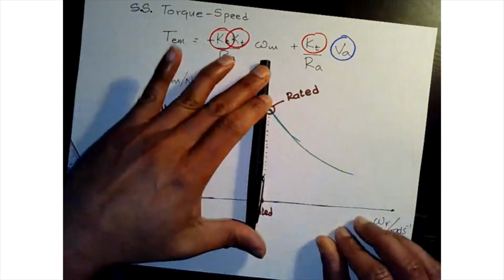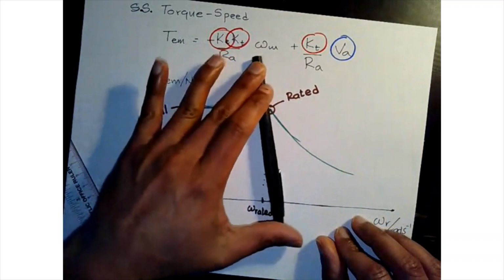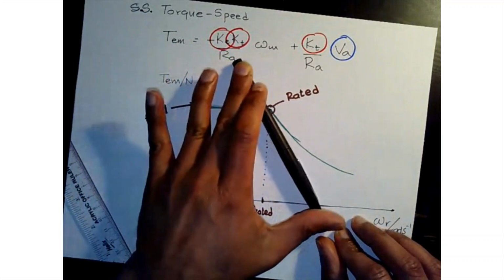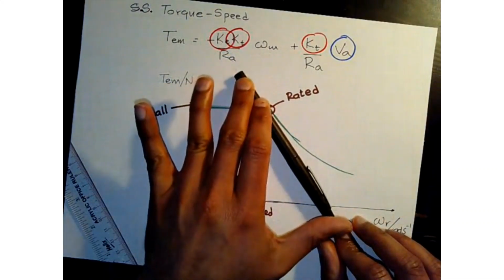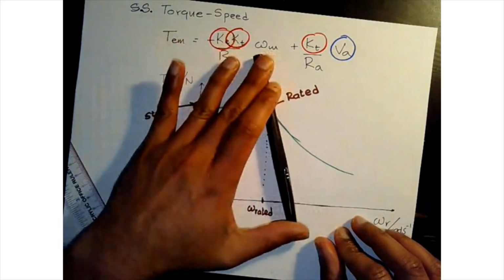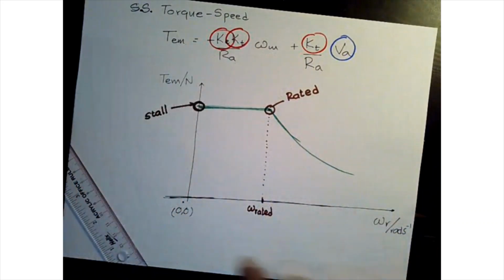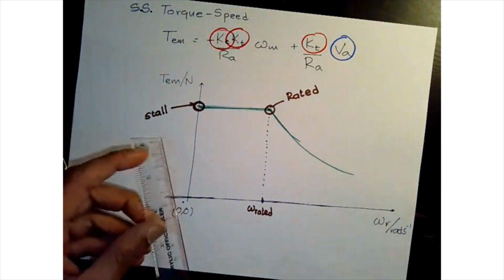Now, depending on the different parameters of the motor, this motor operating curve at selected VA is going to have a certain angle. It could be like this, it could be like that. It could be closer or further away, depending on the different machine type.